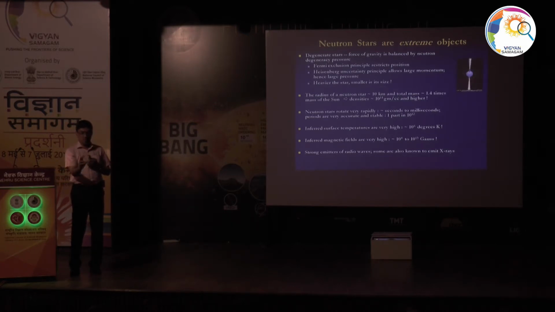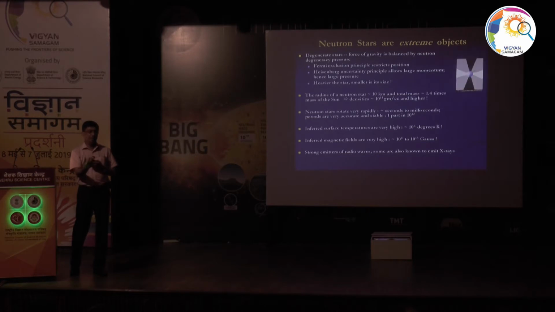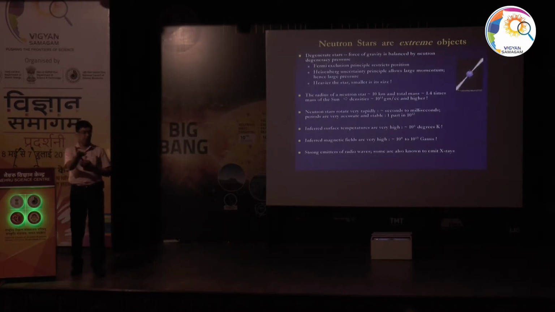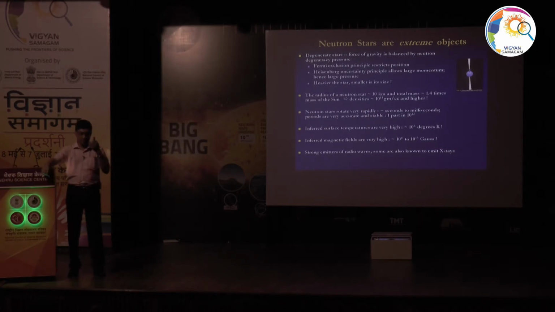If you start a top spinning, after some time the top stops spinning, right? Why? Because due to friction and other things, it is losing energy, and that loss of energy shows up in the object slowing down, which is true of anything. Even moving objects, if you leave them, they slow down and stop. Why? Because they are losing energy, mostly due to friction forces, right?